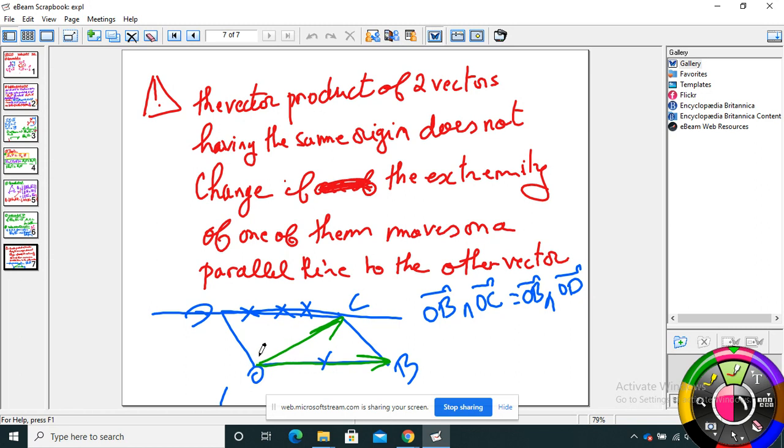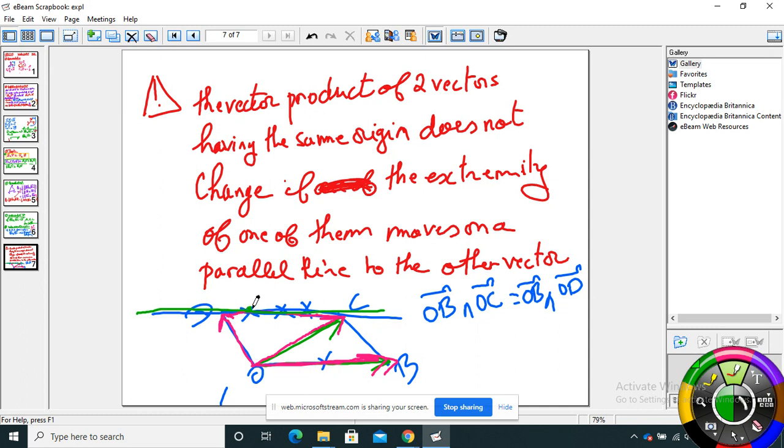What does that mean? If I do OB vector OC, it's the same if I move C parallel to OB, and it becomes D. It's the same as OB vector OD. I make a parallel line to OB and I can move D as much as I want.